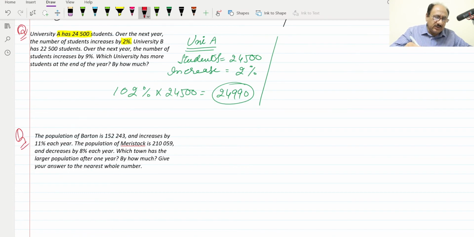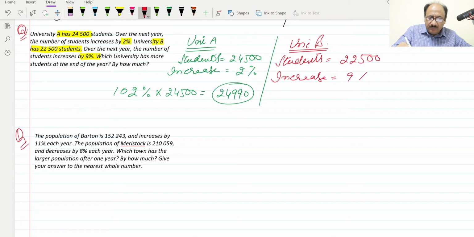Now we can consider University B. They are saying University B has this many students, and a 9% increase. So for University B, the situation is the number of students is 22500, and the increase is 9%.